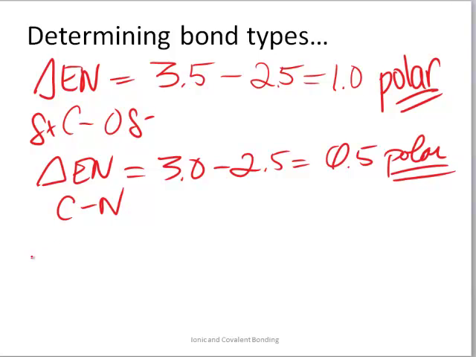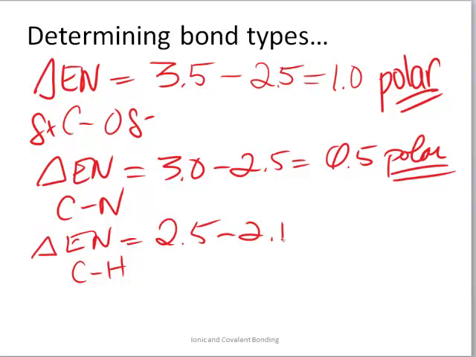Okay, one more example with carbon. Let's do a carbon-hydrogen bond. Carbon now will be the more electronegative atom, 2.5. Hydrogen is 2.1, and so that gives us a value of 0.4. And this will be our cutoff for the nonpolar bonds, and a carbon-hydrogen bond is always, always, always nonpolar.